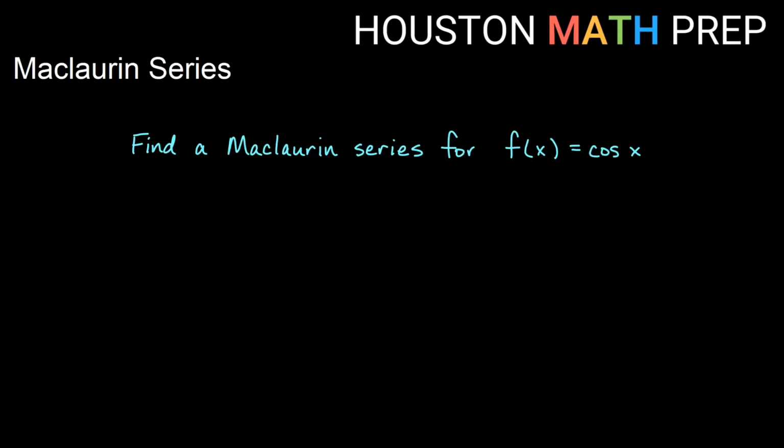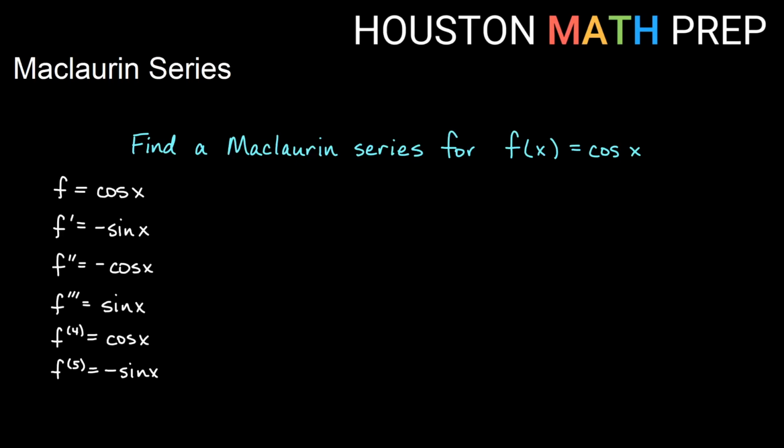So if we want to find a Maclaurin series for cosine of x, that procedure is going to be very similar to the one we just did for sine x. All of our derivatives will cycle in the same pattern. This time we'll start with cosine x, then we'll cycle through the negative sine and cosine x back to the positive sine cosine x with that pattern, etc. So if I plug in 0 into the original function, cosine of 0 is 1.